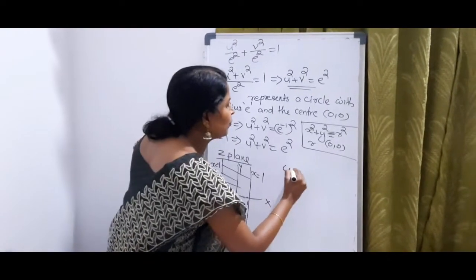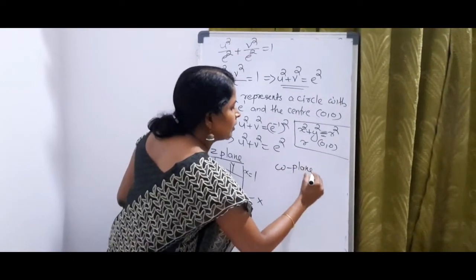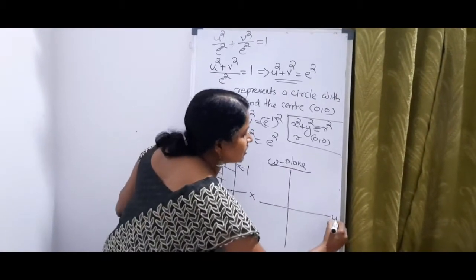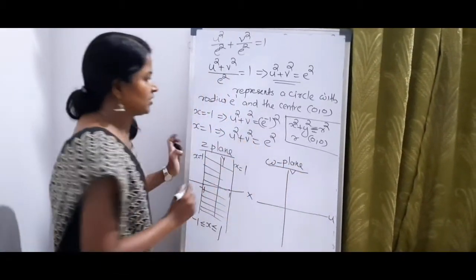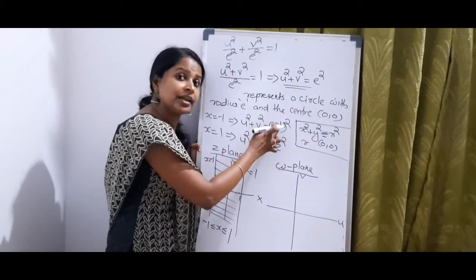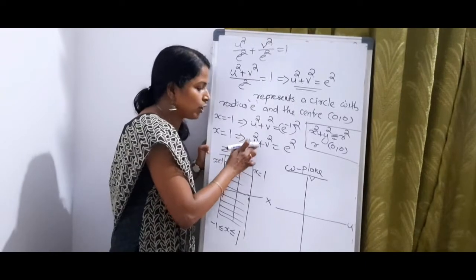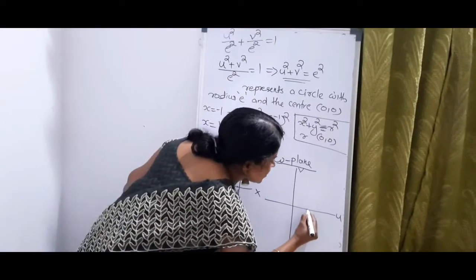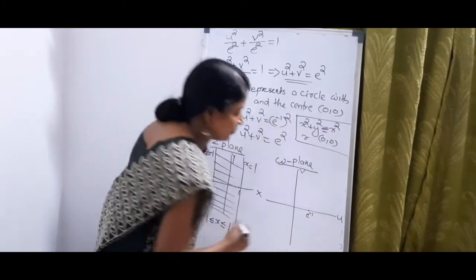Then in W plane, so U axis and V axis. This is U axis. This is V axis. Listen. u square plus v square equal to e raised to minus 1 square, and u square plus v square equal to e square. Suppose this distance is e raised to minus 1.